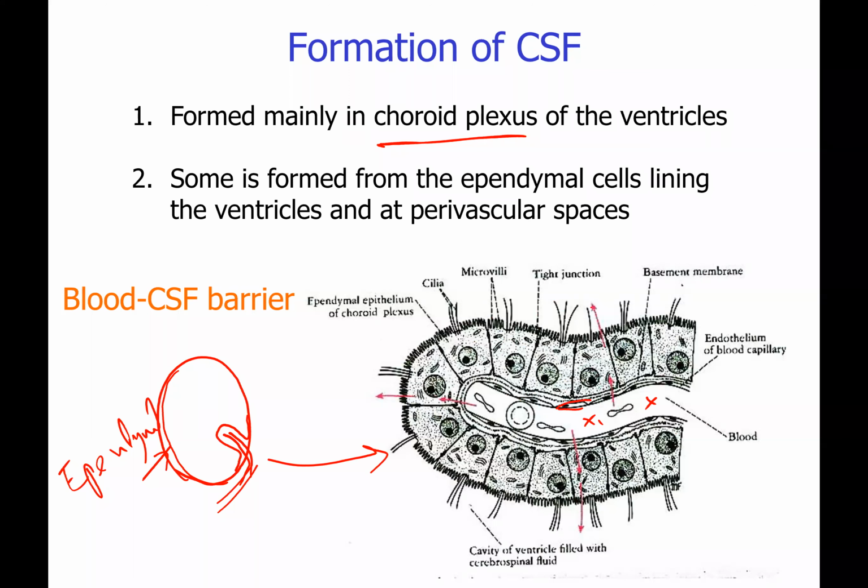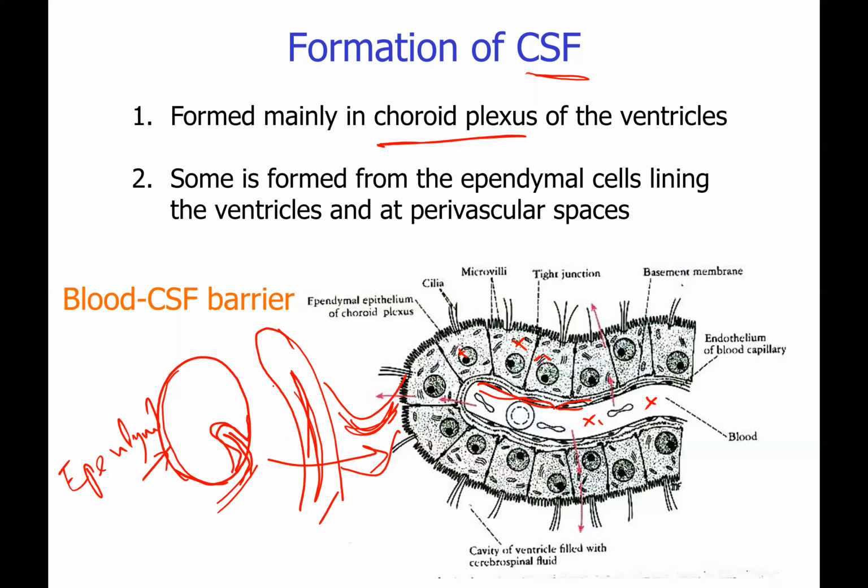Now you get these two lateral ventricles here. So in the floor of the lateral ventricle and in the third ventricle, maybe the roof, I don't remember, of the third ventricle, you get these choroid plexus, which produce cerebrospinal fluid.